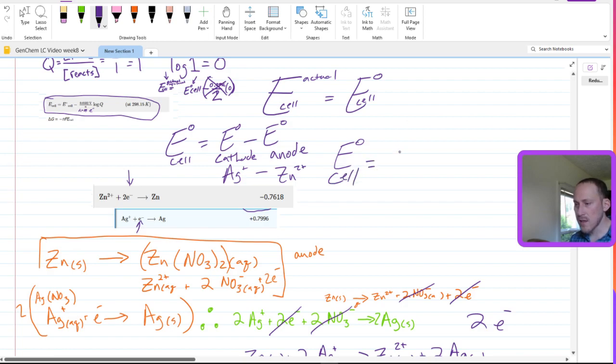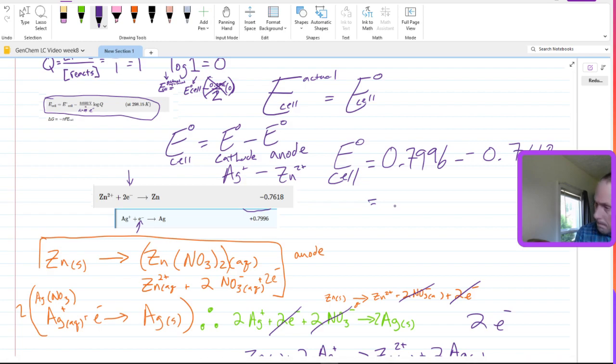So that is 0.7996 and minus 0.718. So this looks like it's going to totally work. And I will use my calculator. Very positive.